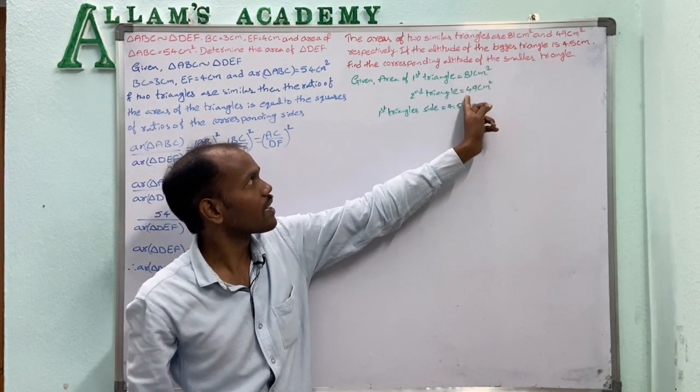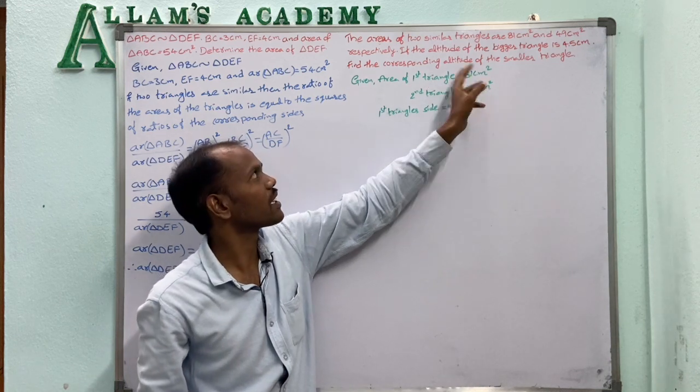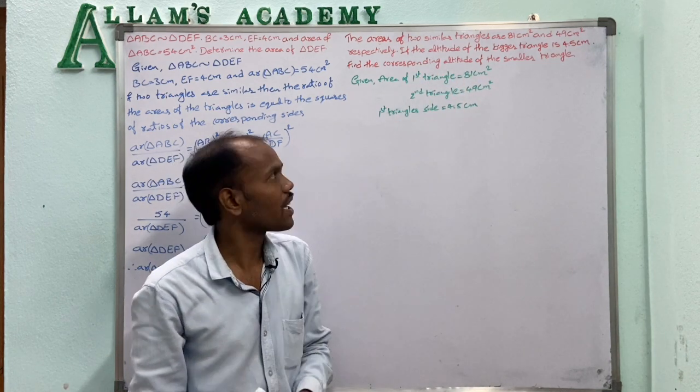In these two areas, the bigger one is 81, that is the first, that is why we taken the first triangle's side.